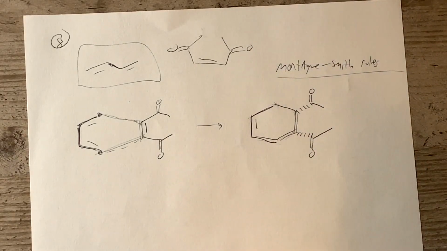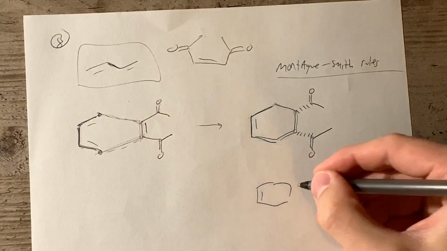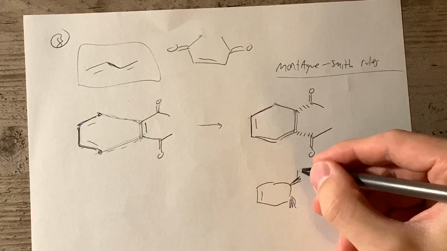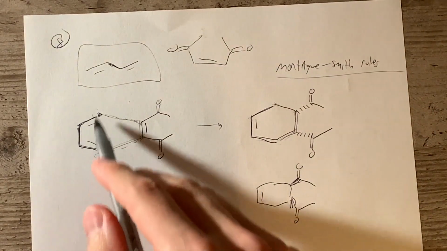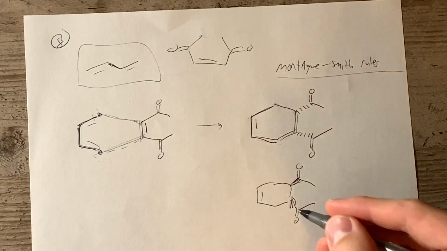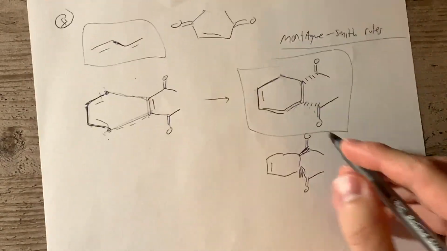And you'll get the right answer every time. In this case, yes, you could wedge it. But honestly, it still is the right product, but only because there's nothing on this diene, because we haven't got into that yet. So this is valid, but just trust me and just always put it in the dash.